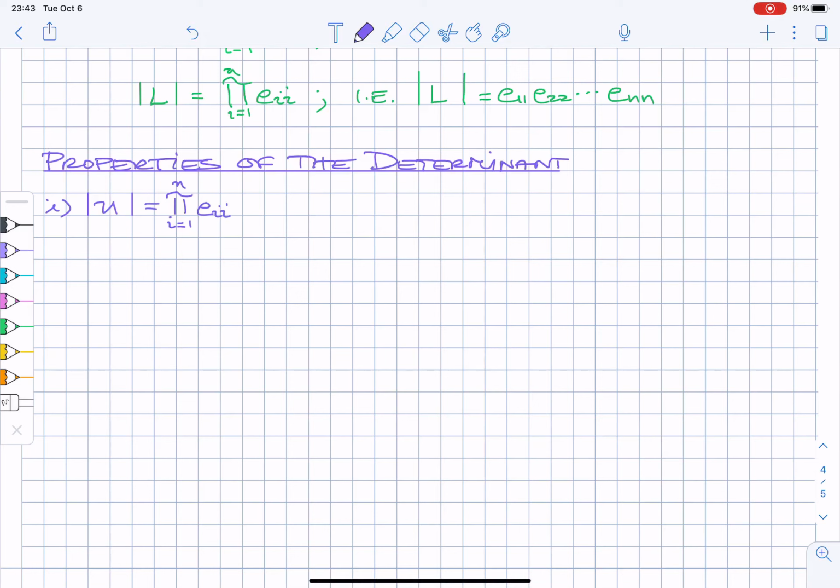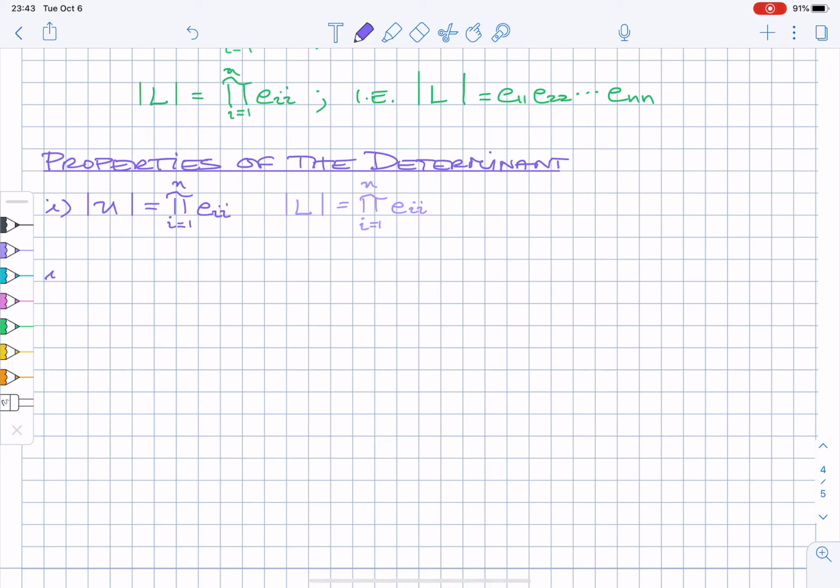That is the product of all the diagonal entries. Similarly, the determinant of a lower triangular matrix is defined the same. It is the product, capital pi, as my index counts from the first to the nth of entry I, I.